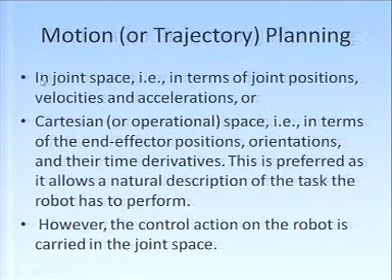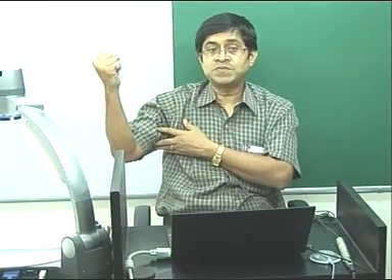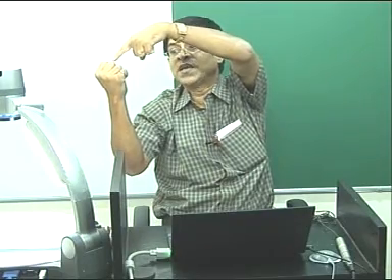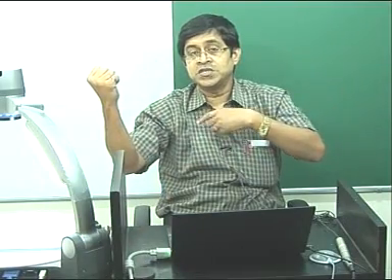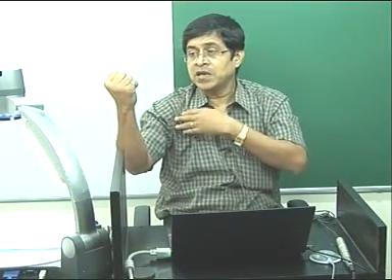Now, in joint space, look at my hand now. Suppose I move from this point to this point, I can imagine that this is a movement of the end effector along the x direction by a certain amount. I can also imagine this is a motion provided by this joint. Okay. So, I can think it is a motion of the end effector, we call it end effector space.